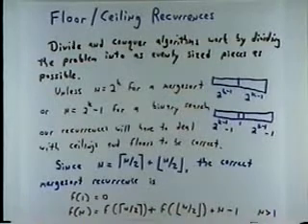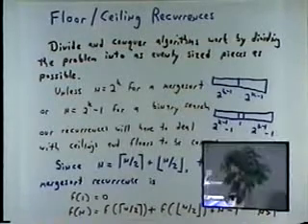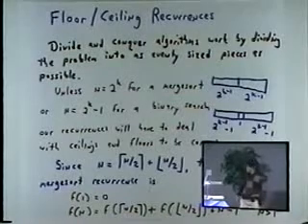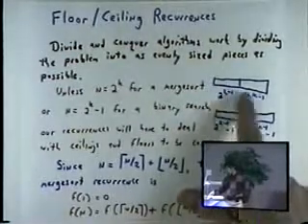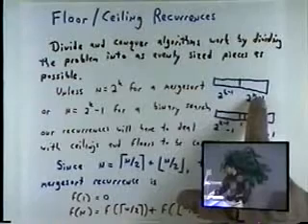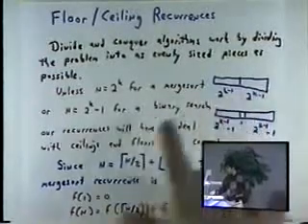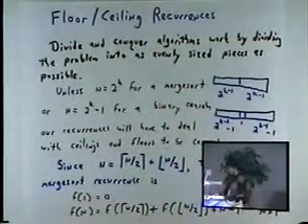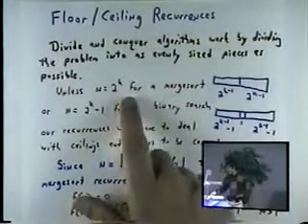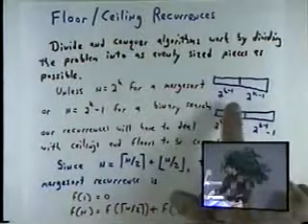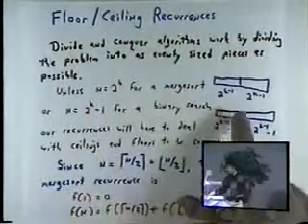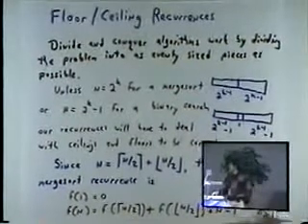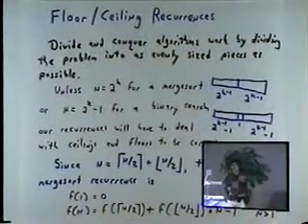When you're trying to analyze a divide and conquer algorithm, it's often the case that you're dividing the space of possible answers, n, into two pieces. Whether or not it's possible to divide it into equal pieces depends upon the value of n. So let's think of two of the divide and conquer algorithms that you're familiar with.